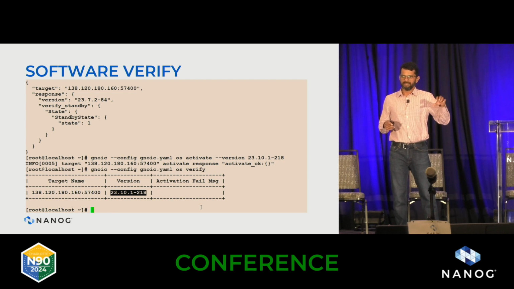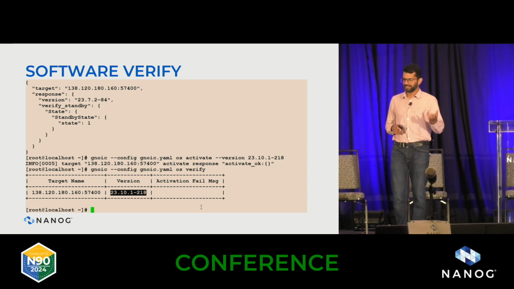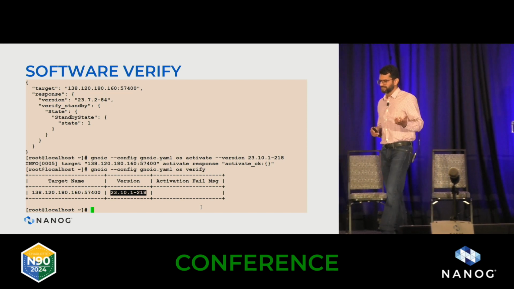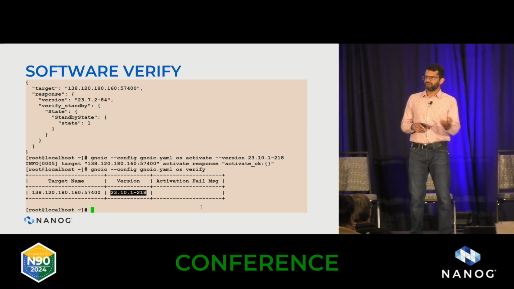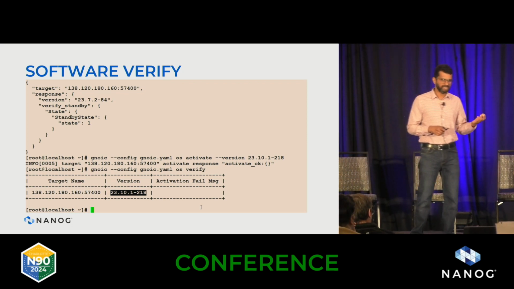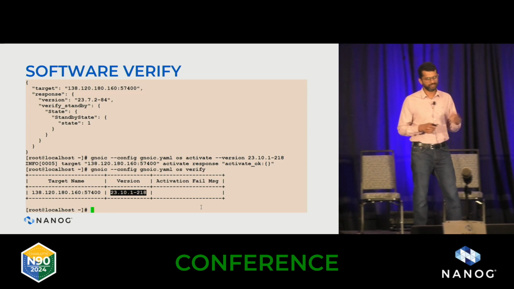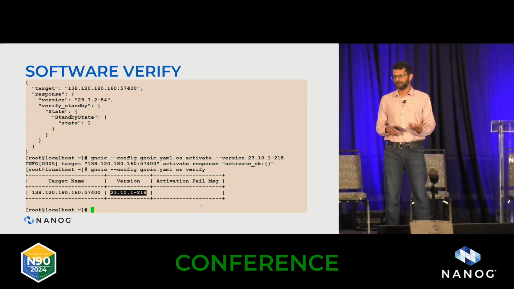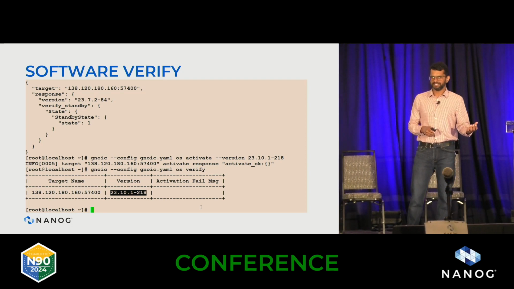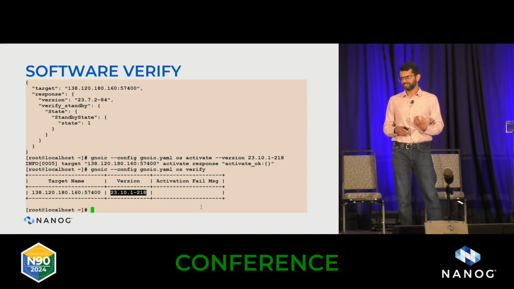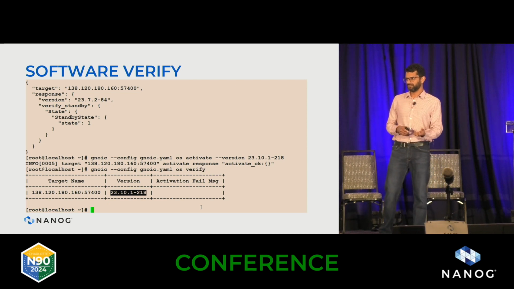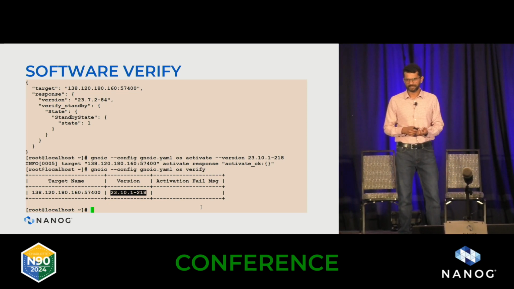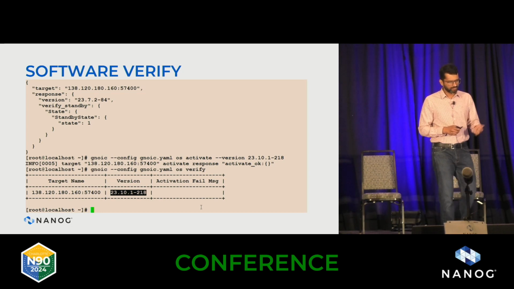All these steps we did manually, but you are free to have these steps in a script of your preferred language, running the gNOI client and getting the format. That's why the format is available either in JSON or human readable. If you are manually doing it, human readable format is better. If you are putting it in a script, get the response in JSON format, process it, and then use it in your script. Okay, so that completes the software upgrade.